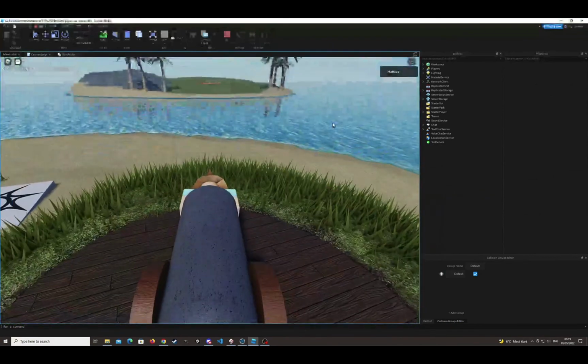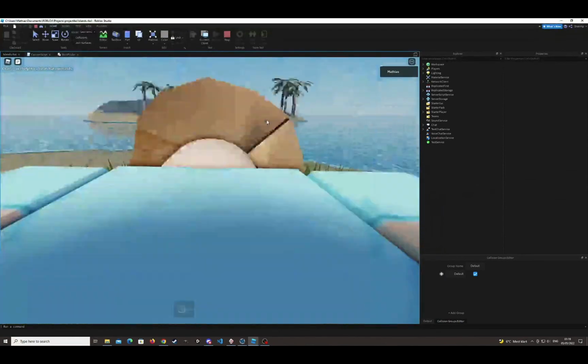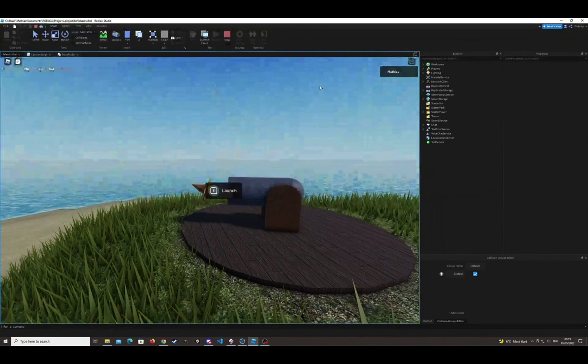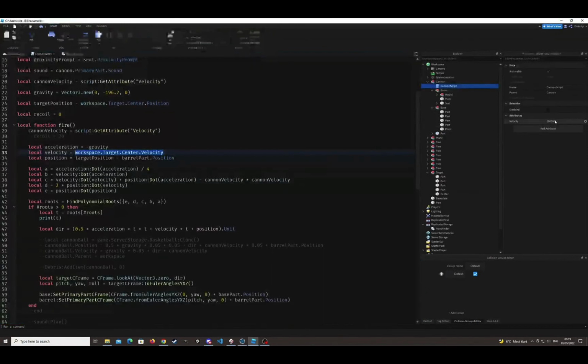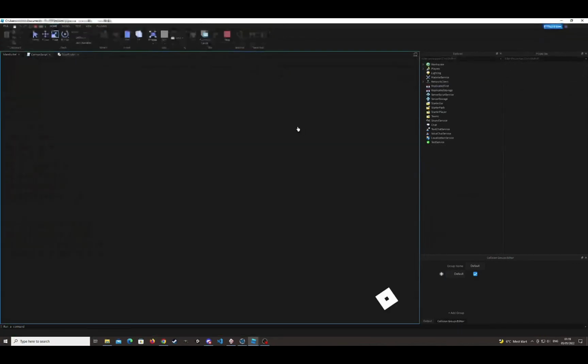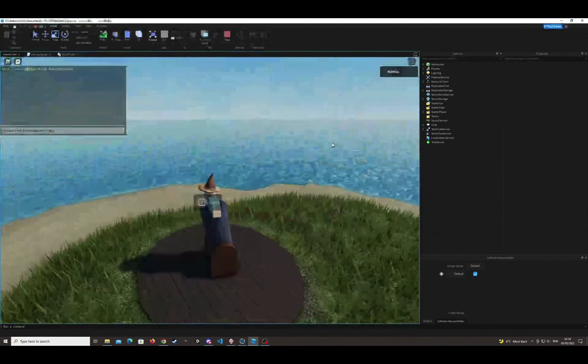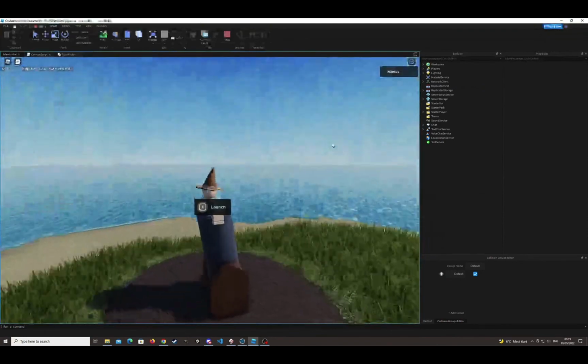Oh yeah, there we go. So we're aiming at the target now. We might need to tweak this until we get a nice angle out of it. That's pretty good.